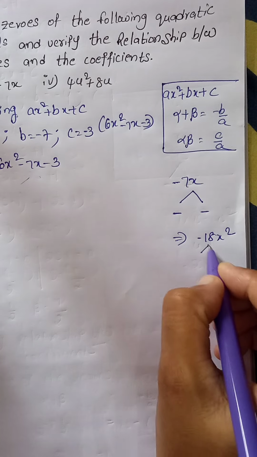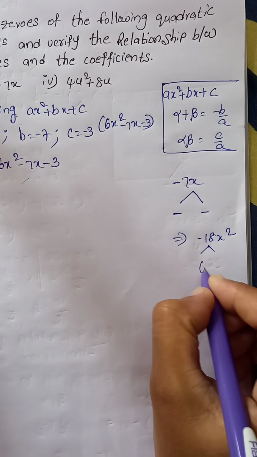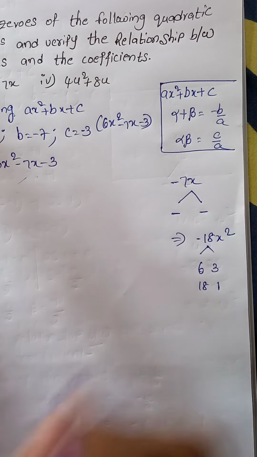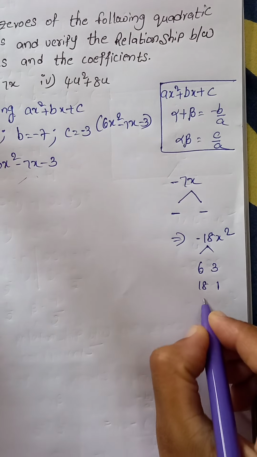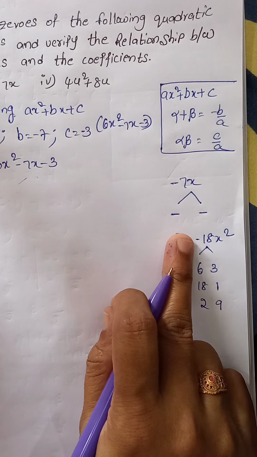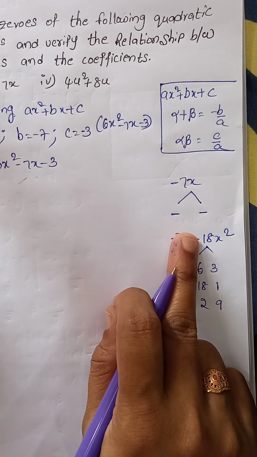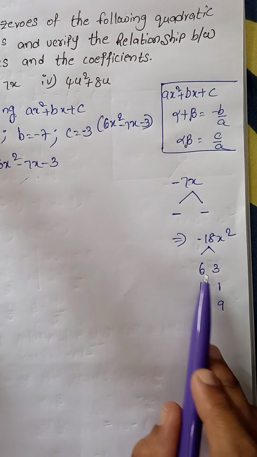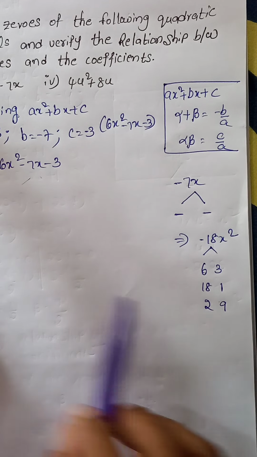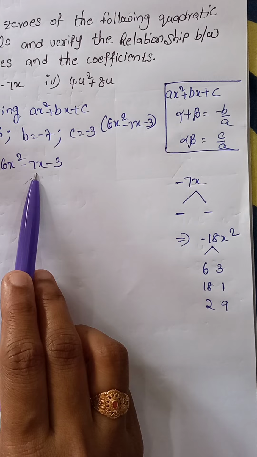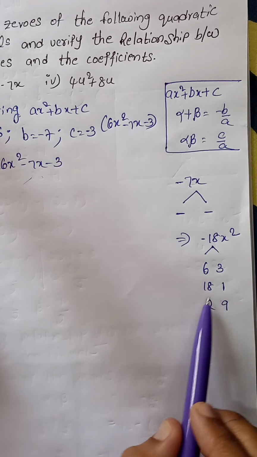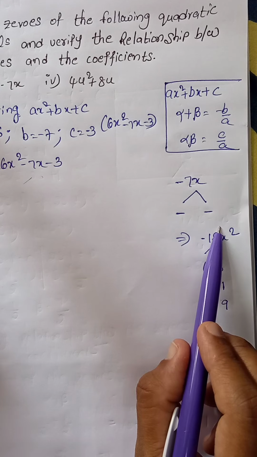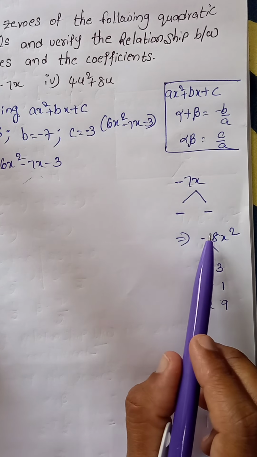What are the factors of minus 18? 6 threes are 18, 18 ones are 18 and 2 nines are also 18. When you add these two factors, you have to get the middle term, that is minus 7x. When you multiply these two terms, you have to get this product. These two conditions should be satisfied.